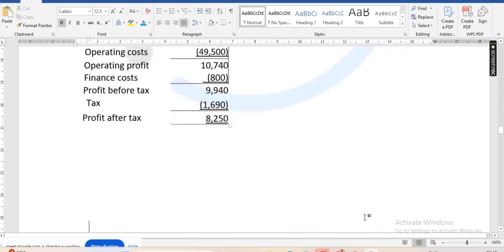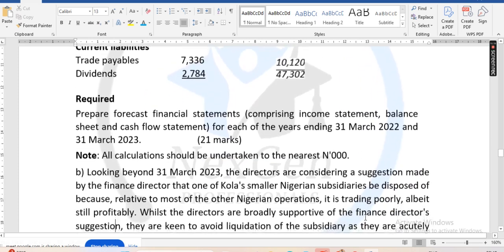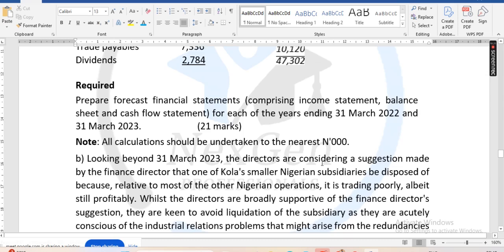First, what is the required? We need to look at the required first. The required is very important. Required. A. Prepare forecast financial statements comprising income statements, balance sheets, and cash flow statements for each of the years ending 31st March 2022 and 2023.